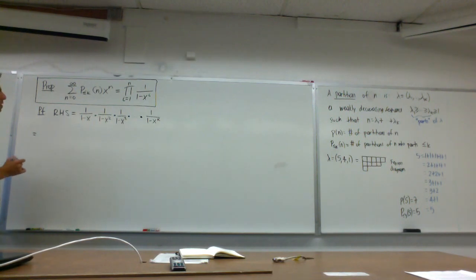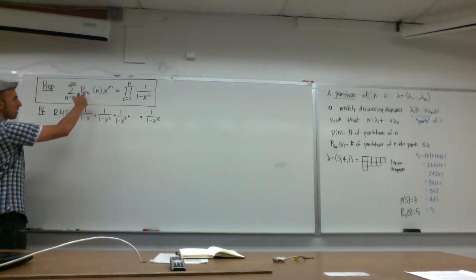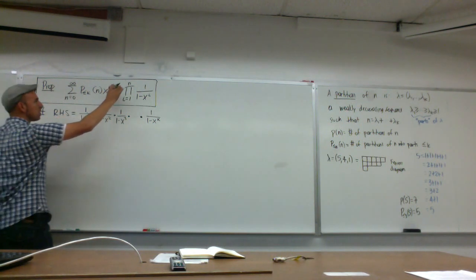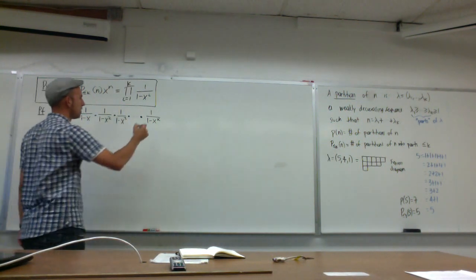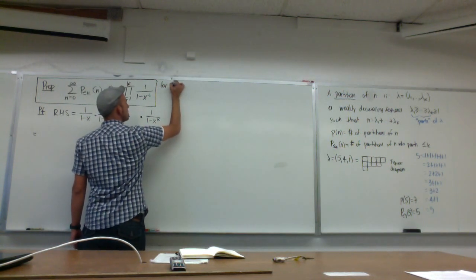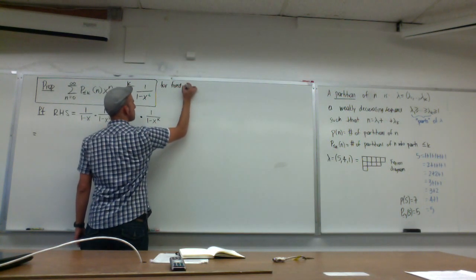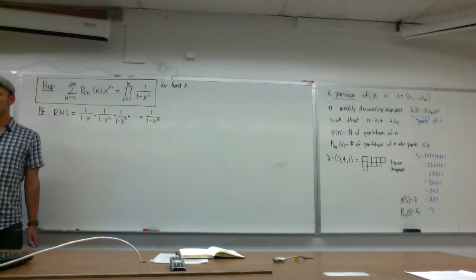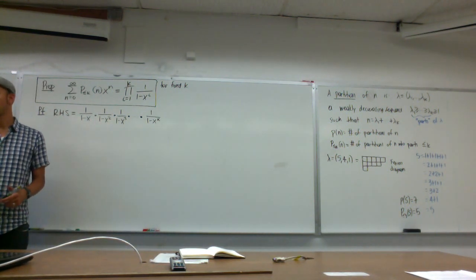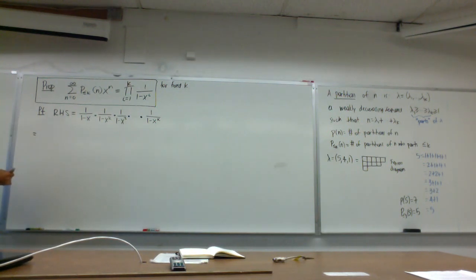Oh, sorry. Here, k was fixed, and n is variable, and so this should be k right here. So this is for fixed k. So again, you're only allowed to use the parts 1, 2, 3 up to k, and you want to form any number n possible. So that's why I go up to k.